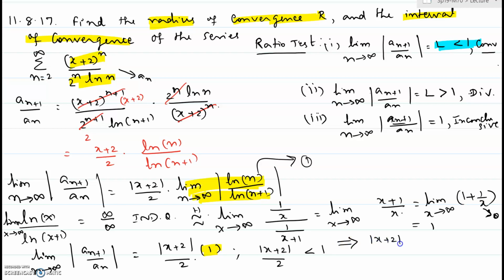So absolute x plus 2 should be less than 2 in order for the series to be convergent. So this shows that the radius of convergence is equal to 2. Now we have to find out the interval of convergence.